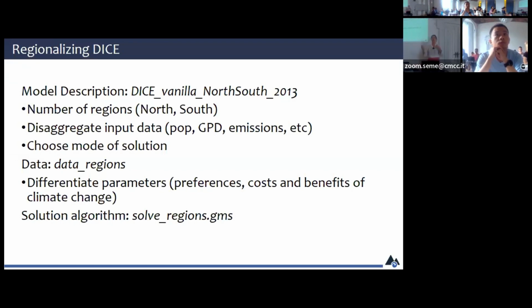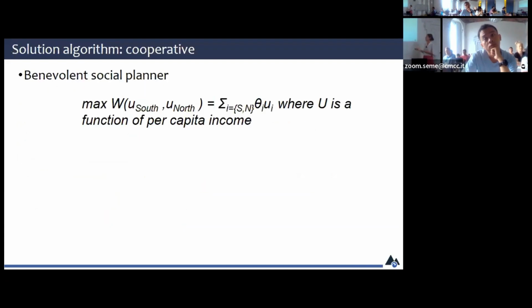Okay, so in these solve regions, you're going to see the lines of code that, if called by the non-cooperative command, will solve one and the other, one and the other, until with iteration you converge, or it will solve the sum of the welfare of both regions. So in the cooperative case, the benevolent social planner is basically maximizing the utility of South and North.